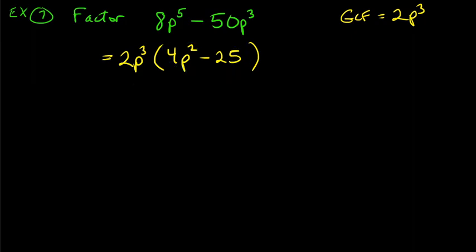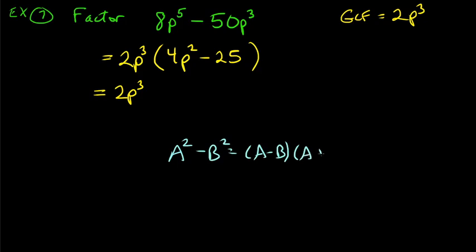So kind of a trick question here because this is not perfect cubes at all. This is going back to a squared minus b squared, which is the easy one, a minus b times a plus b. So here a is just 2p and b is 5. Well, let's write it that way.